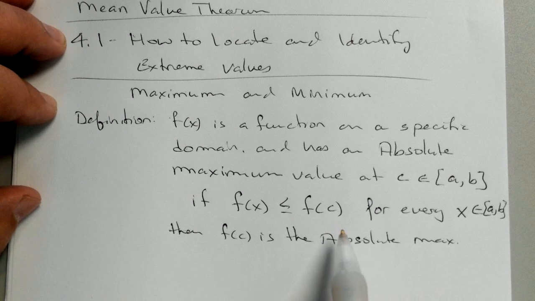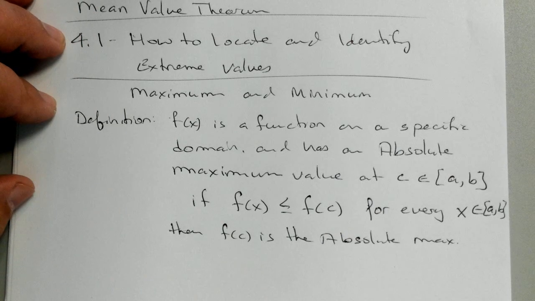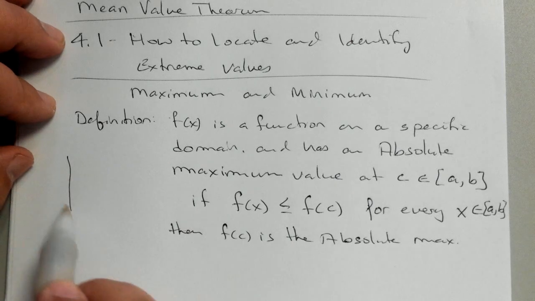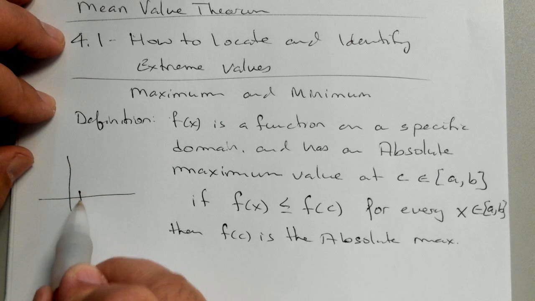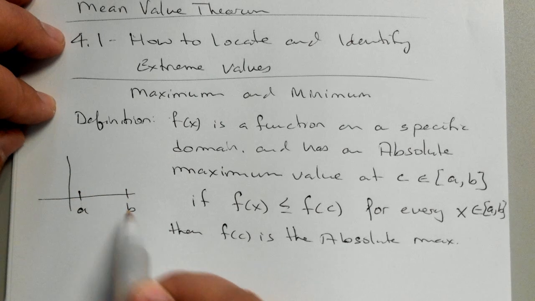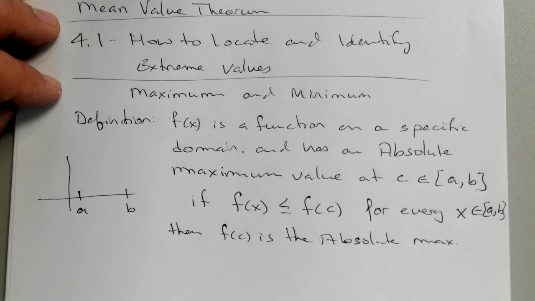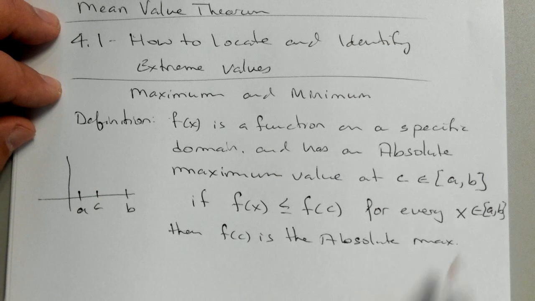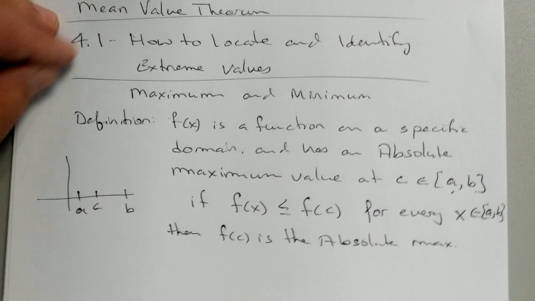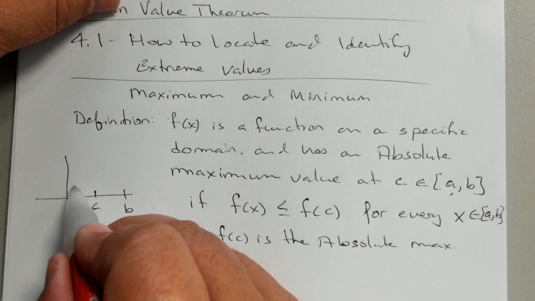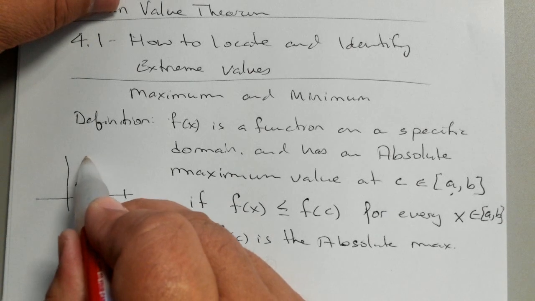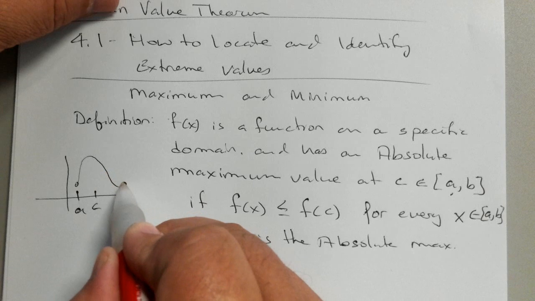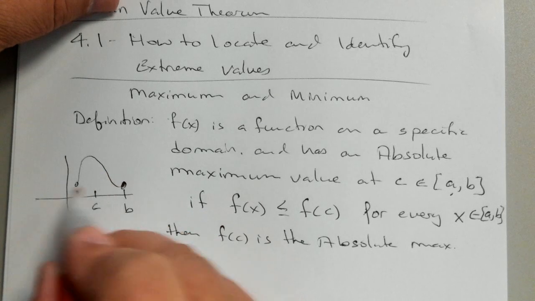First, if we're in a domain, let's say A is here and B is here, and c is some point between A and B, because it's contained in A and B. Closed.